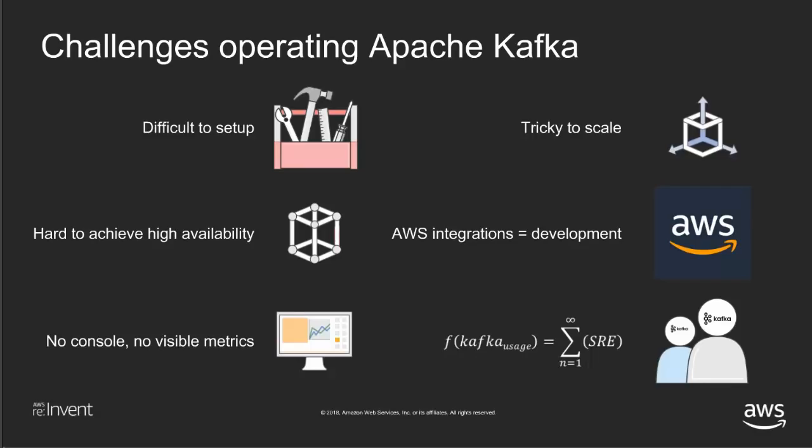If they don't have those engineers, they need to ramp up engineers in the skill of operating, maintaining, and keeping Kafka highly available. And a lot of times those engineers are software developers that would otherwise be allocated towards building applications that are closer to the business's end customers.